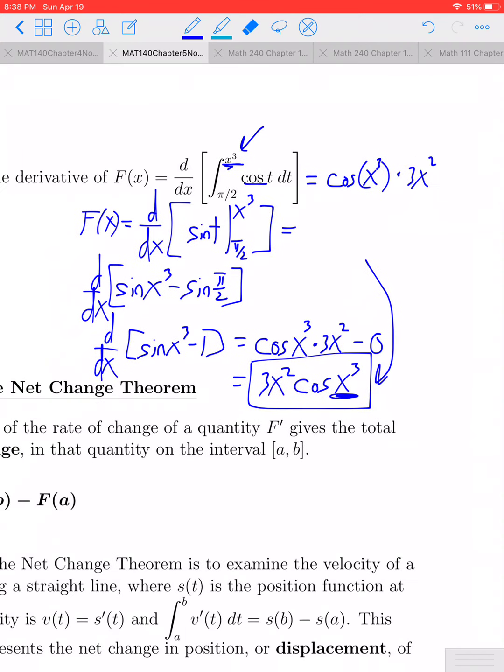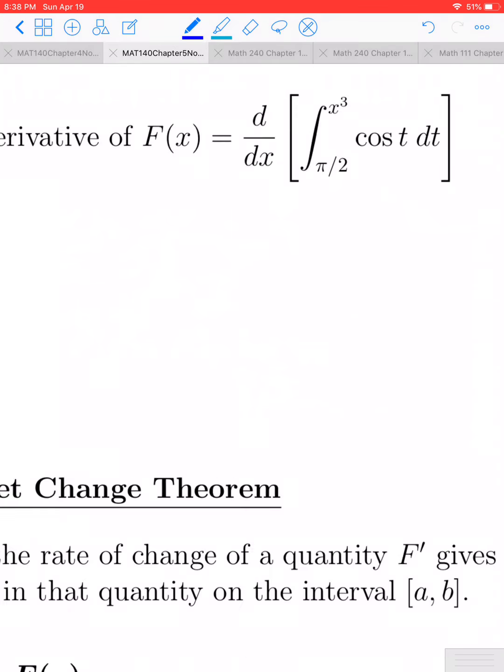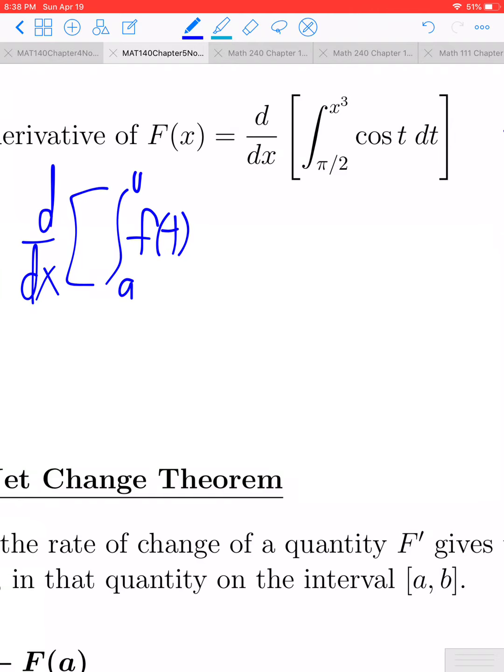The same work we just showed you a moment ago in terms of describing the steps of this thing. Let's do this in more generality: the derivative with respect to x of the definite integral from, let's say we still have a fixed lower bound, constant a, and instead of having a simple x up top, let's suppose that our bound is u, which is a function of x. And we'll still think of this as little f of t dt.